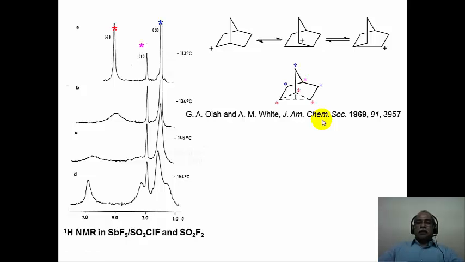Here is an example of a study of carbonium ion rearrangement in the 2-norbornyl system by means of variable temperature NMR spectra. Now when the molecule is undergoing a 1,2 shift, these are the structures that one can generate, and an average of all these three structures can be written in this particular fashion.